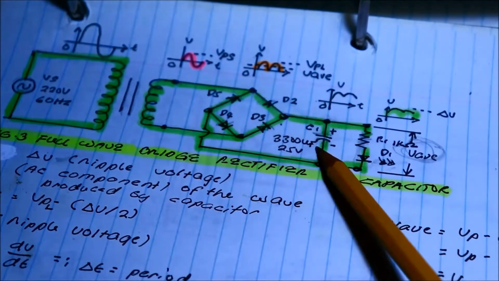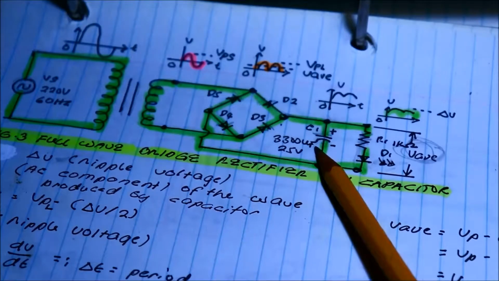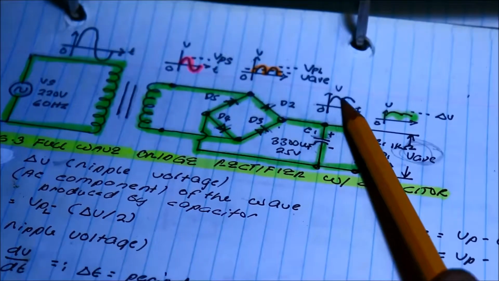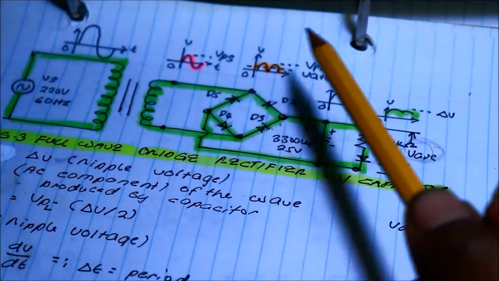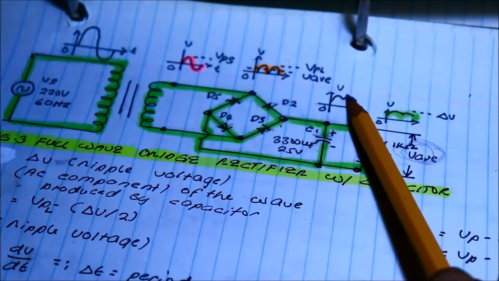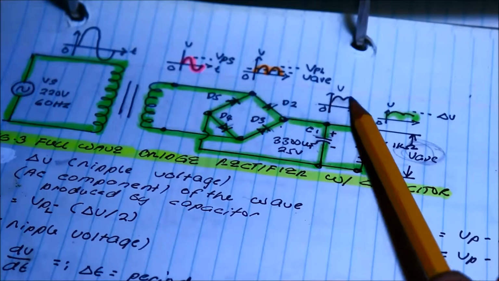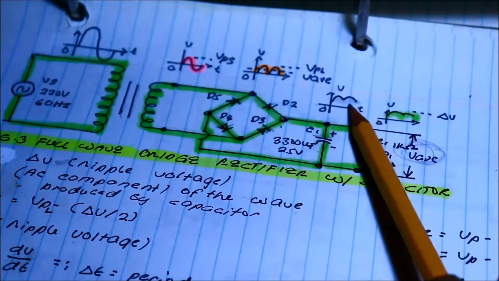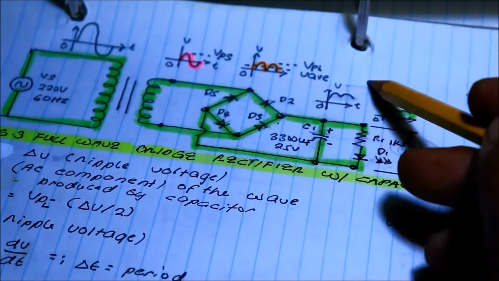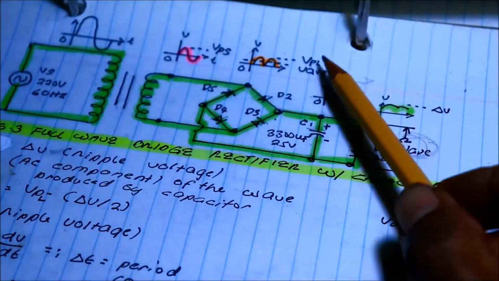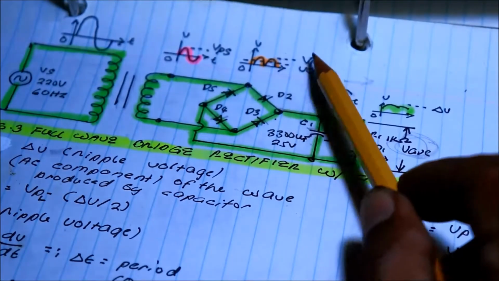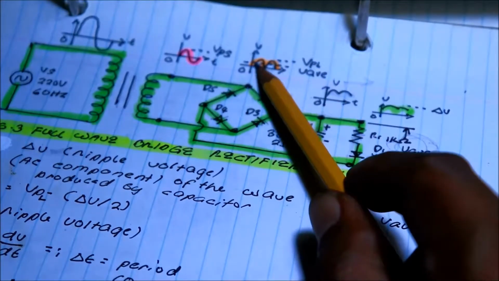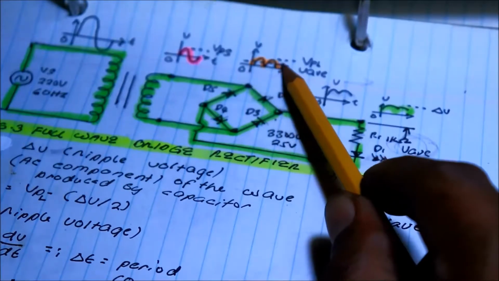This time we have the capacitor. We connected the capacitor to filter the pulsating waveform into a smooth, filtered waveform that flows in just one direction. The voltage average is located near the peak.